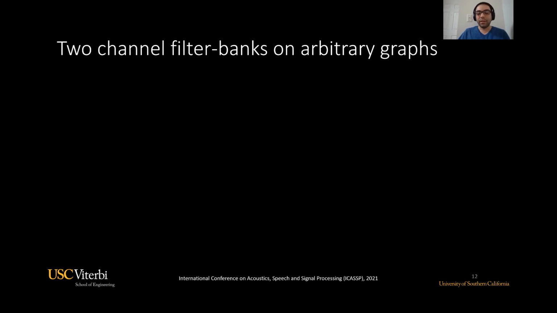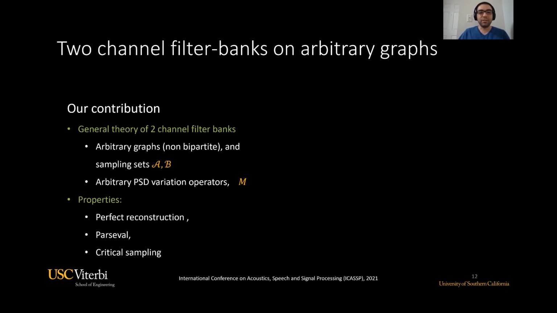So based on this, we sought to find a more general theory, and what we obtained is that we can actually remove the bipartite assumption and the normalized Laplacian assumption, and we can have two-channel filter banks on arbitrary graphs with arbitrary sampling sets and also with arbitrary positive semi-definite variation operators. And all this while still having the desirable properties such as perfect reconstruction, energy preservation, and critical sampling.